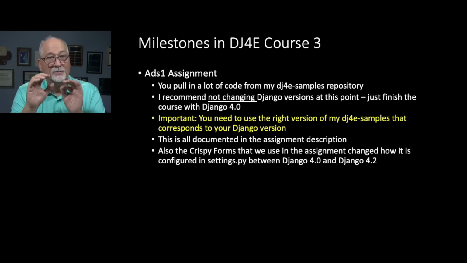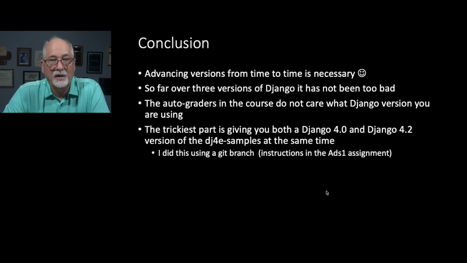But because there were so few other real changes, I didn't have to re-record all my 4.0 or even 3.0 lectures, and some of my lectures are still about 2.0, but most of those just work. There haven't been a lot of changes, and thankfully Django has kept all of their APIs pretty stable. So, in conclusion, we have to update this course.